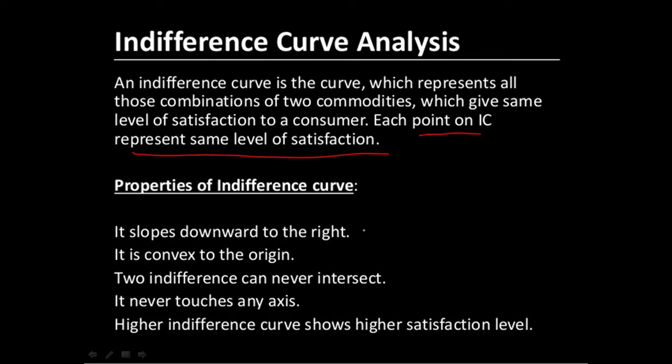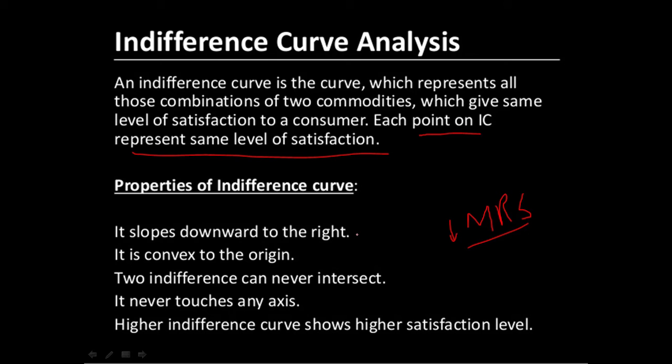Why is it convex to the origin? Because of diminishing MRS. What is MRS? That we will study just after discussing the properties. Why is it convex to the origin? Due to decreasing MRS.